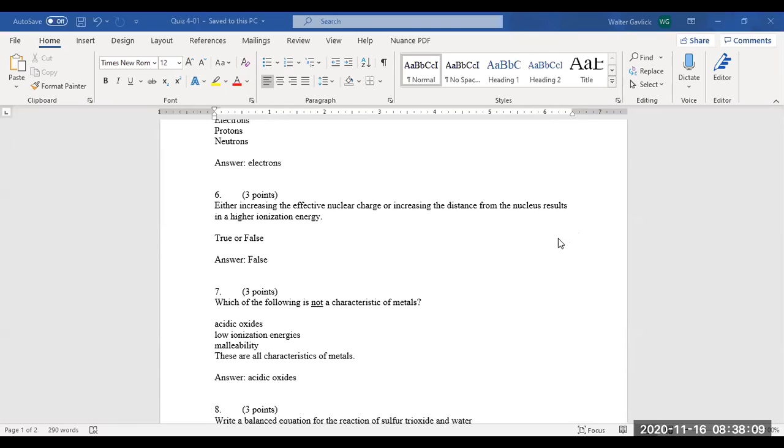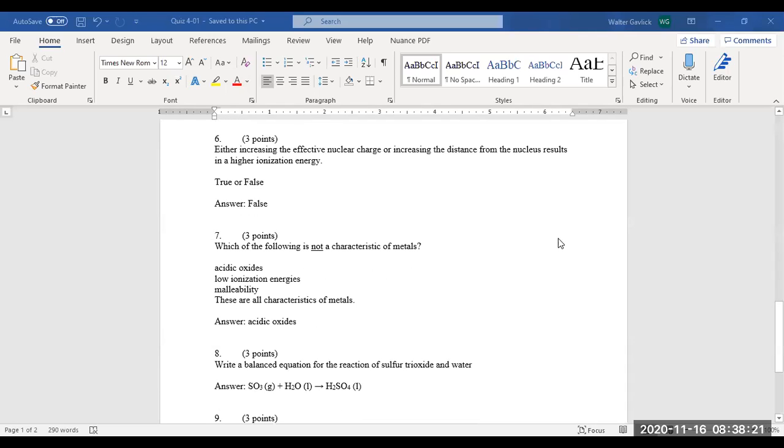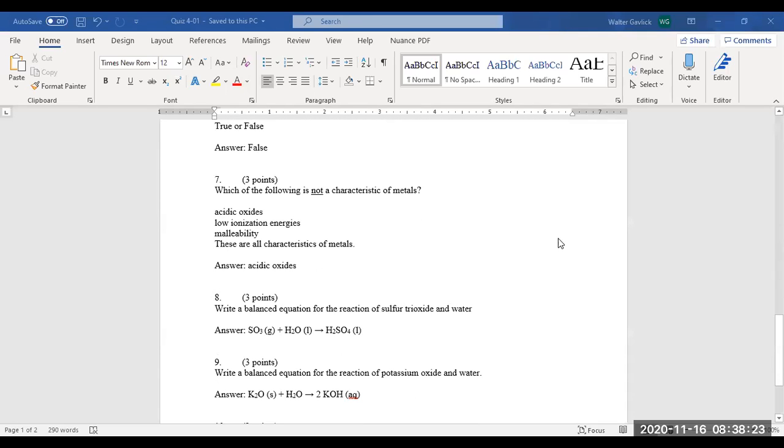If you decrease the distance from the nucleus, then you have a higher ionization energy. So effective nuclear charge, that was fine, but it was the increasing, that was the false part in terms of that distance. Number 7, which of the following is not a characteristic of metals? And the answer there is acidic oxides. So they don't form acidic oxides.